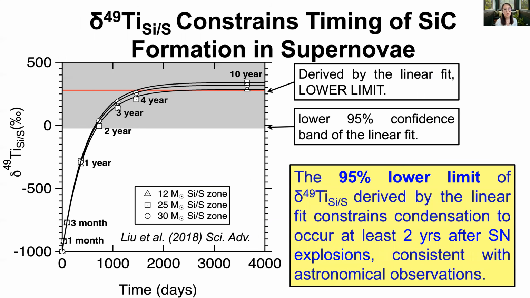So finally, we can compare the extracted value in the previous slide to model predictions for the silicon sulfur zone in supernovae of different masses. We can see the predictions are not sensitive to the progenitor mass, in other words, the explosion energy. So this makes our result even more reliable.